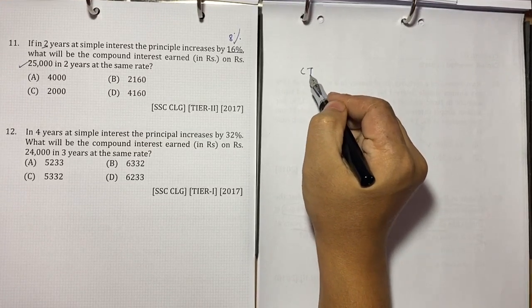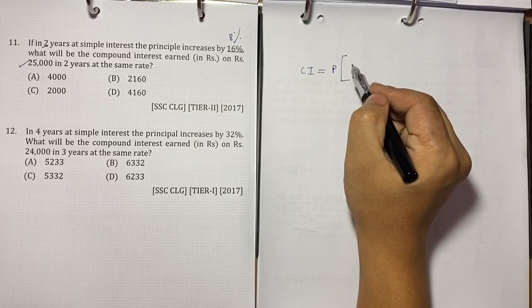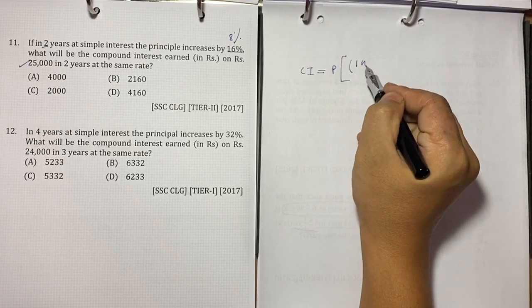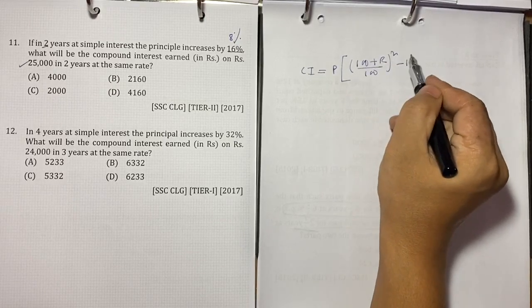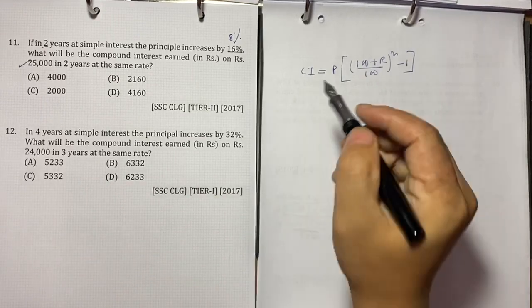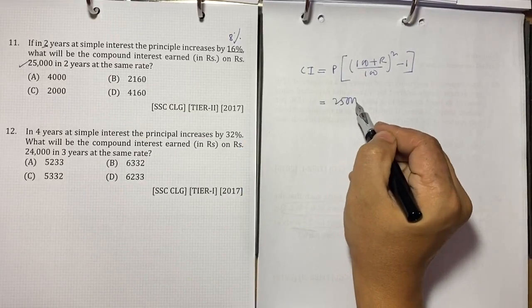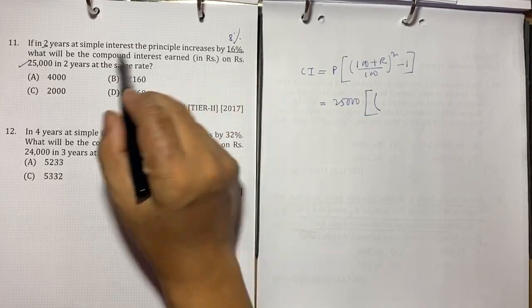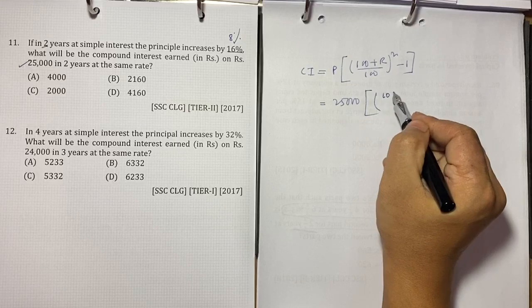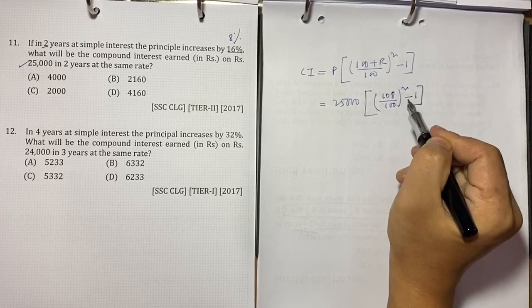It's a formula: P into (100 plus r divided by 100) to the power 2, minus 1. In this case, principal is 25,000 into rate 8%, so it will be 108 divided by 100 square minus 1.